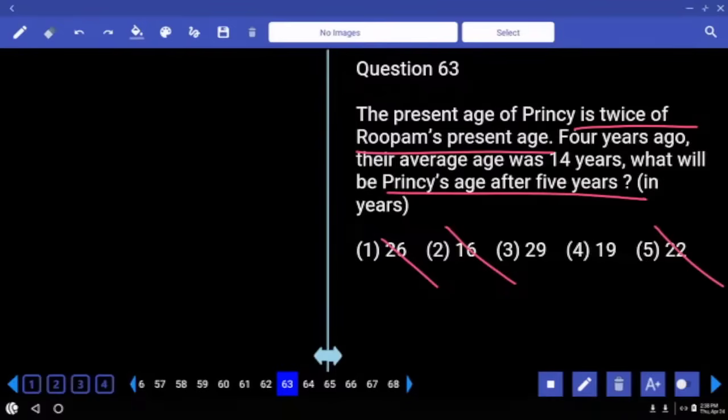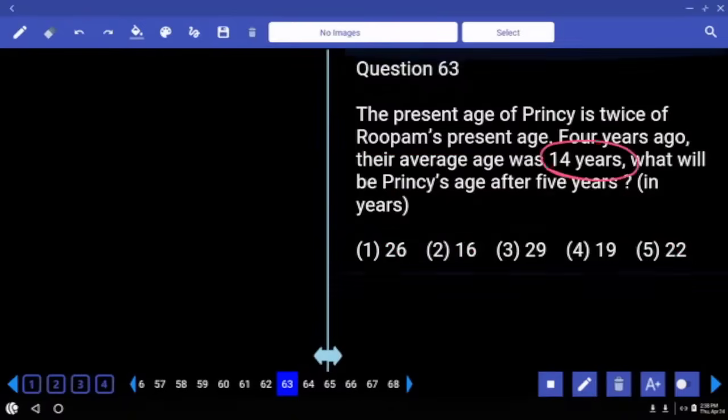You know that Princey's age is more than Rupam's age. That means this value is more than 50%. More than 50%. Correct? 4 years back average was 14, present average is 18. That means Princey's age is more than 18. After 5 years it will be more than 23. Fourth option eliminated.